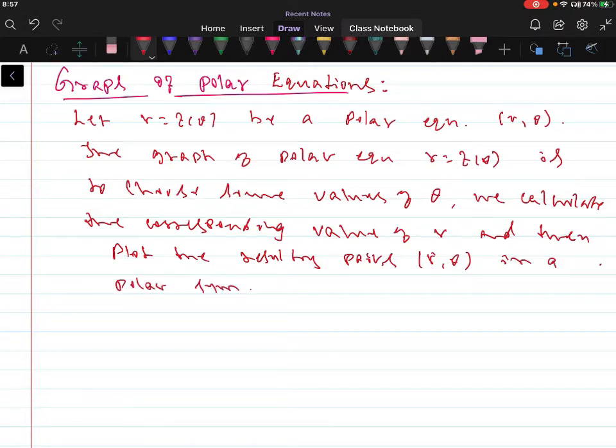So this is the fundamental graphing principle of the polar equations.